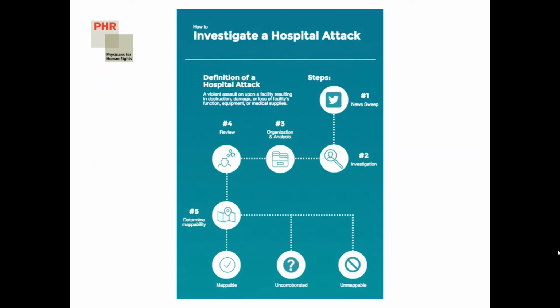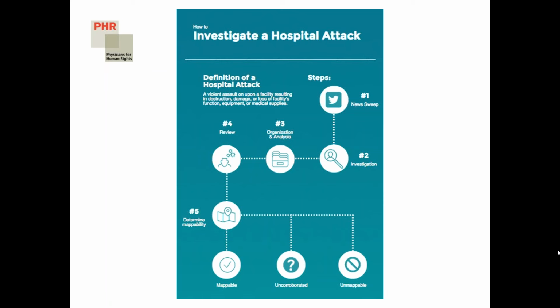So this is a little infographic about how we actually go through this process. I'm just going to briefly walk you through the process and our decision-making techniques, and then go into a more granular look into our investigation process and review process in particular.